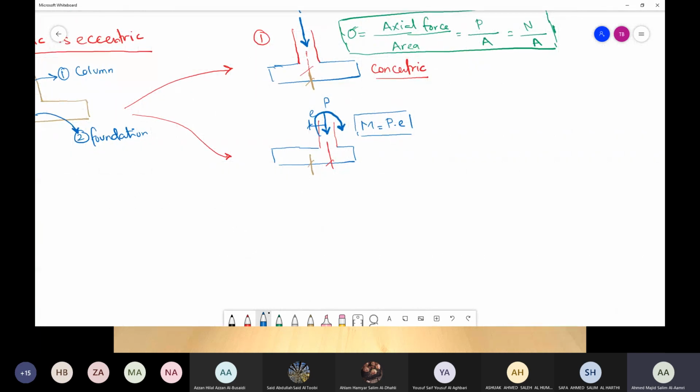You will see that this portion of the foundation will try to go down because of the bending that is happening.